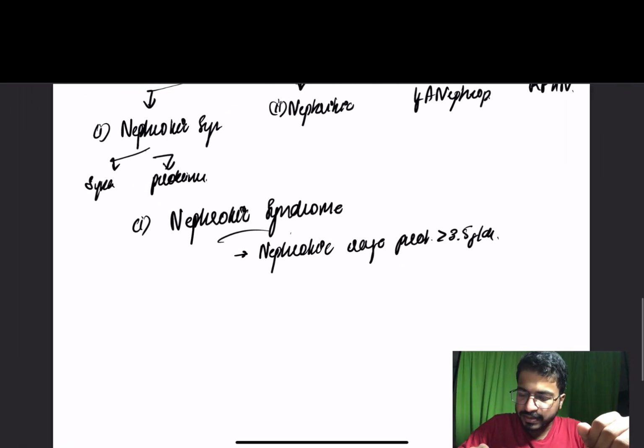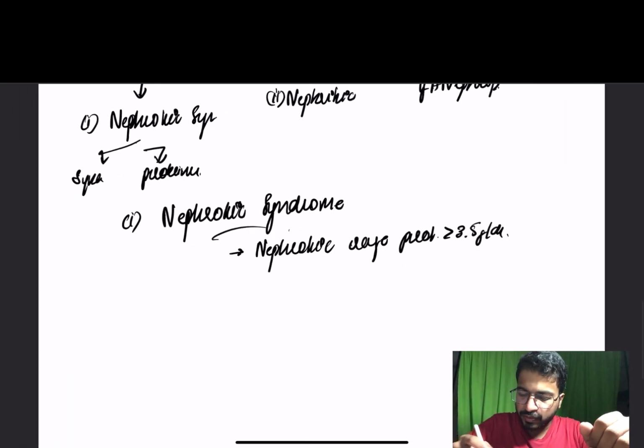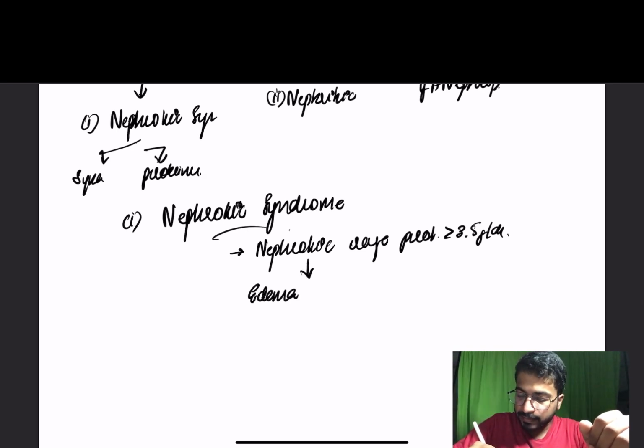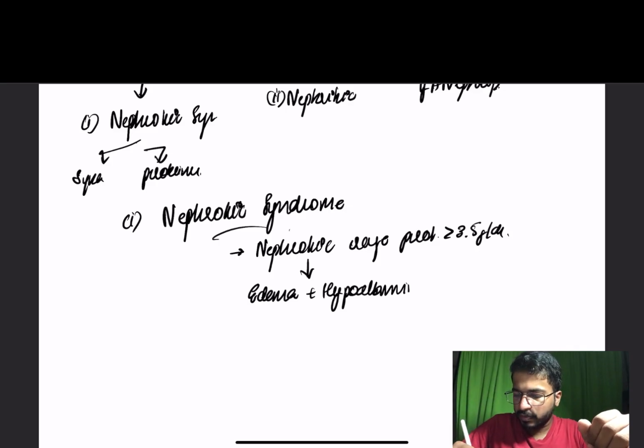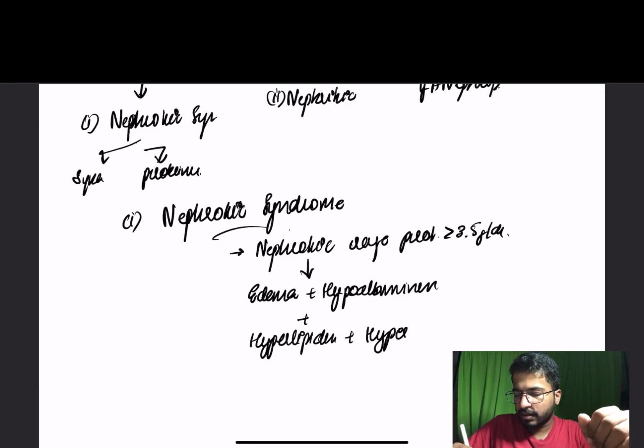Okay, so basically nephrotic range proteinuria leads to edema plus hypoalbuminemia plus hyperlipidemia plus hyperlipiduria. So this entire complex is known as nephrotic syndrome.